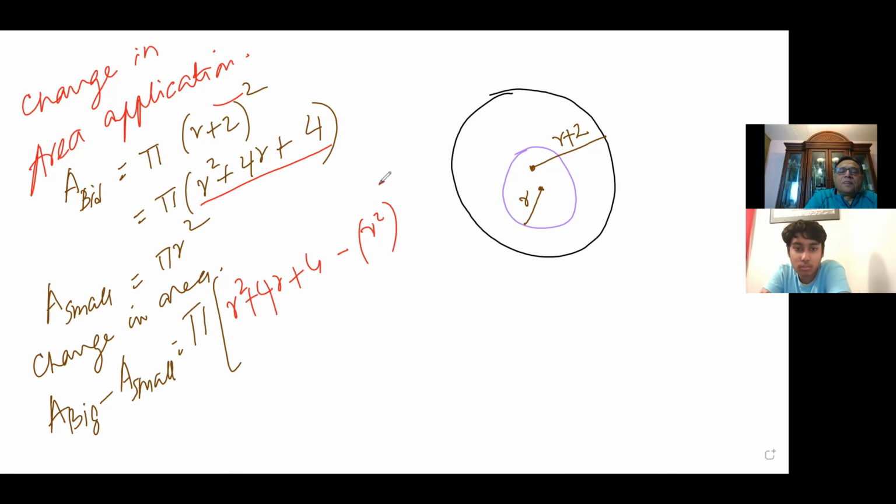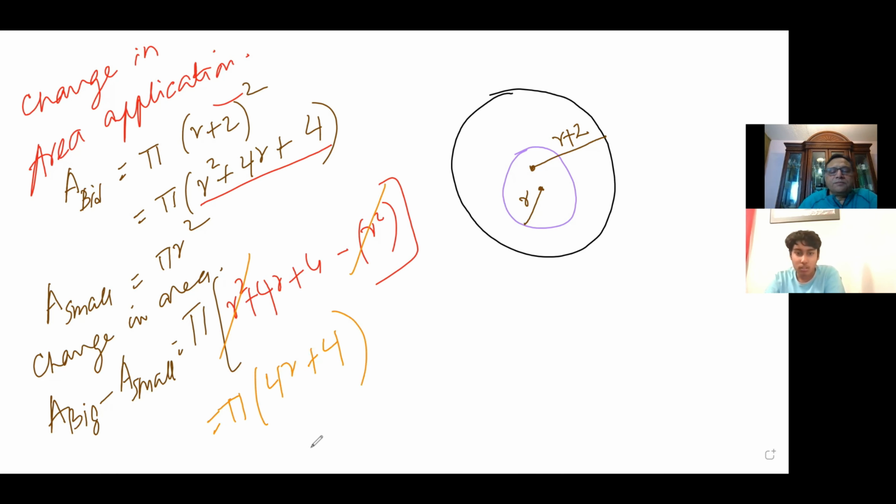Is it okay? So r square cancels, and we get pi times (4r plus 4). You can also write this as 4 pi outside, (r plus 1), in unit square.